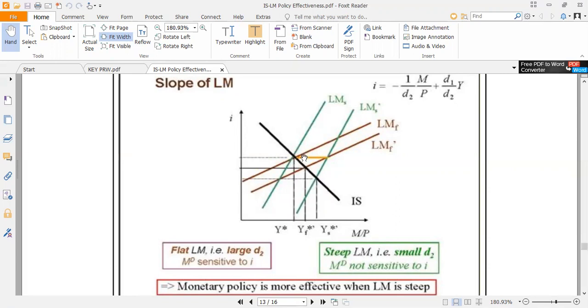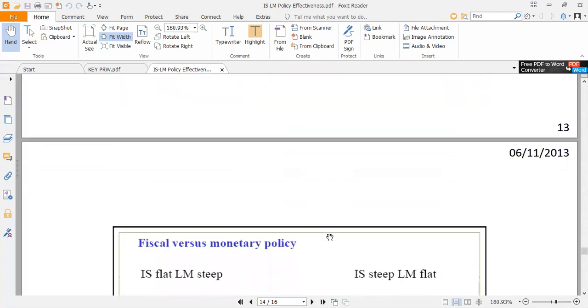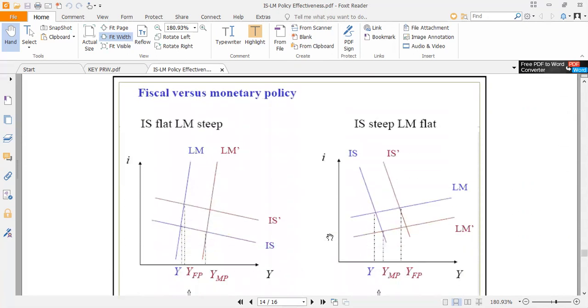Comparing the effects of monetary policy on these two LM curves, monetary policy is more effective on the steeper LM curve, with a higher increase in the income level. So whenever the LM curve is steep, which means that money demand is interest inelastic, we go for monetary policy because it will be more effective.